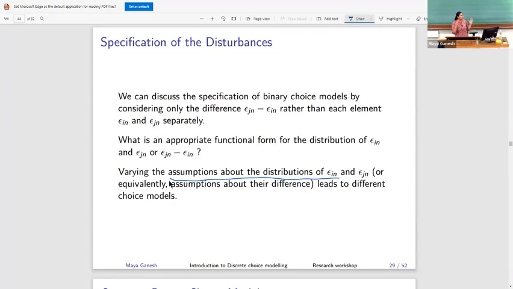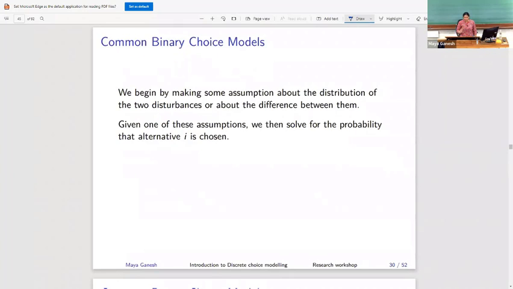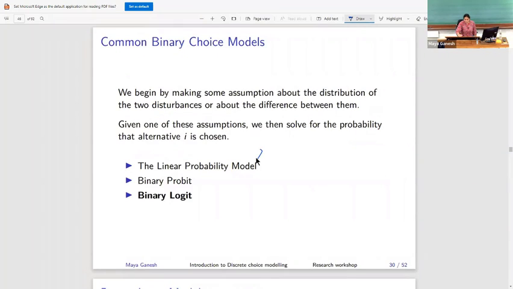And that leads to something called the linear probability model, but it brings in a lot of challenges in terms of computational difficulties, etc. Then the next natural way to think about it is what if they are normally distributed? If you think of the disturbances as a sum of a large number of unobserved but independent components, then by the central limit theorem, the distribution of disturbances would tend to normal.